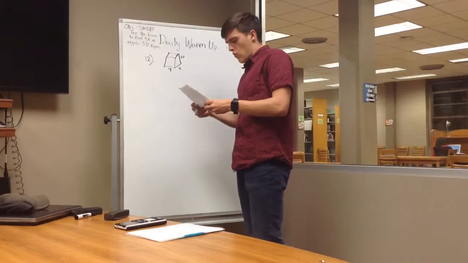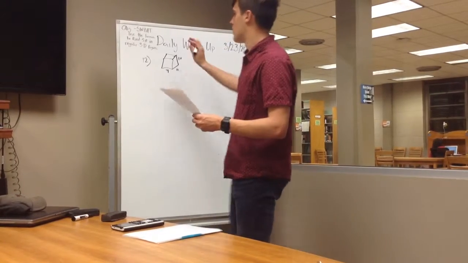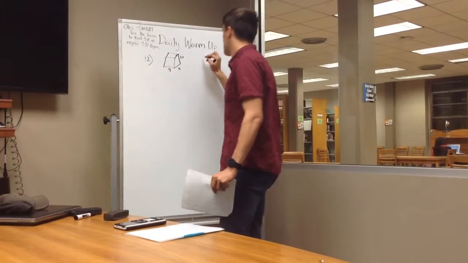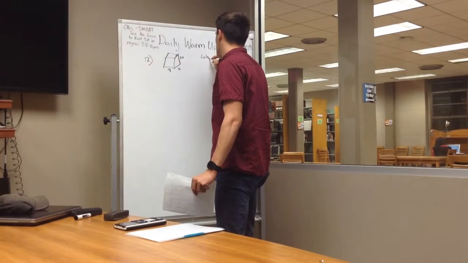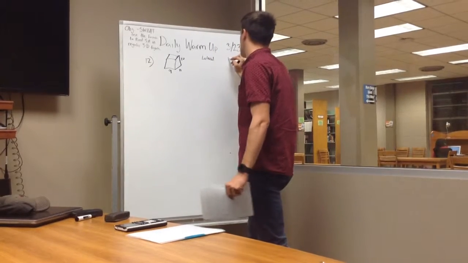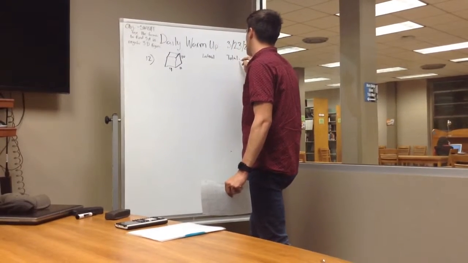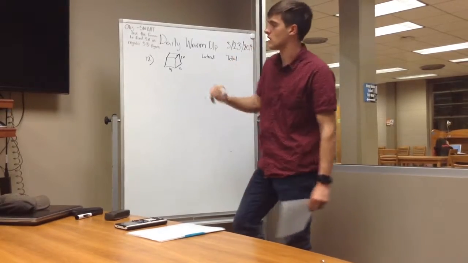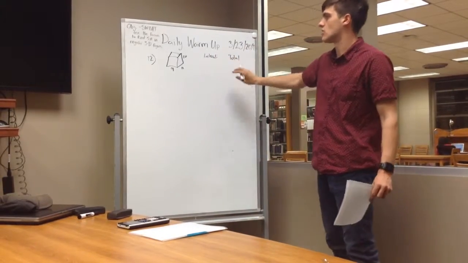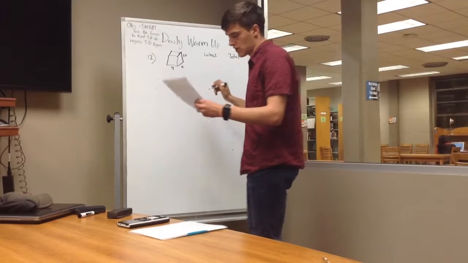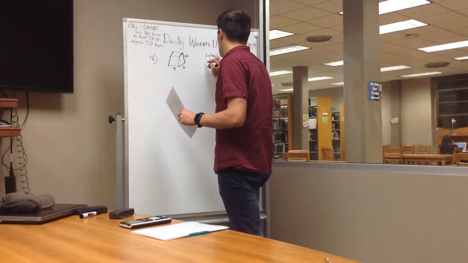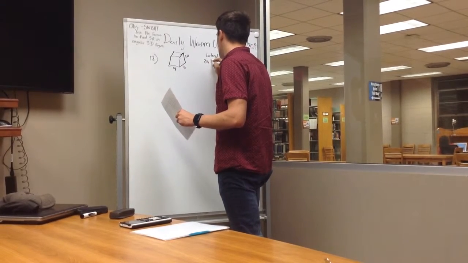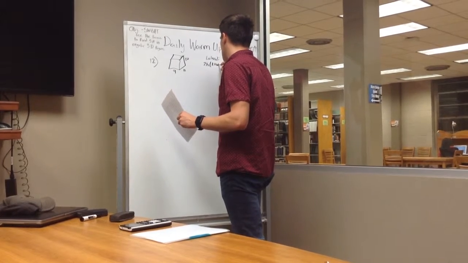Alright, so what is the formula for lateral surface area and total surface area? That is the question right here. We are trying to figure out the lateral and the total. So what is the formula? Alright, we've got 2h times (length plus width).